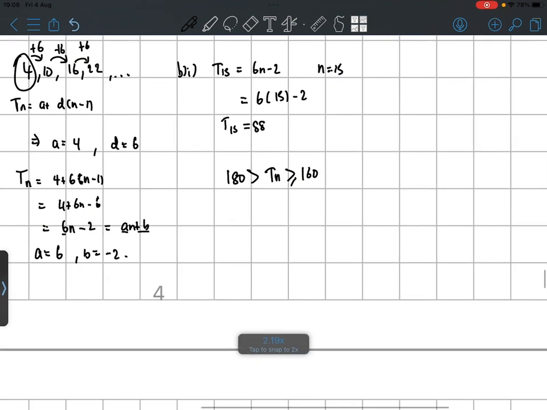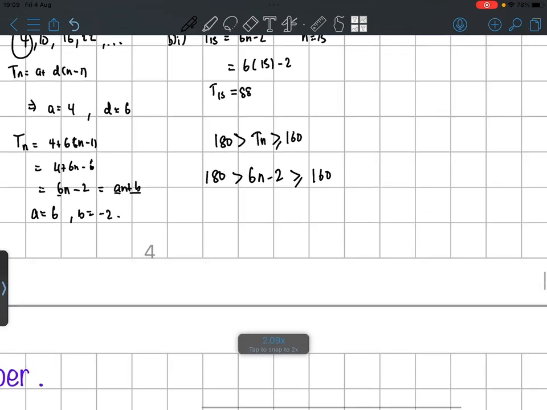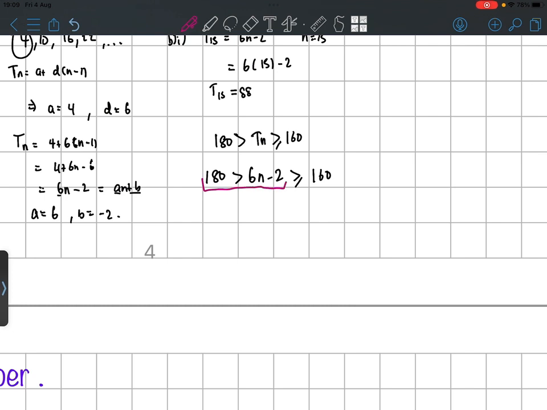So we know that tn is 6n minus 2, greater or equal to 160 but less than 180. So we solve this simultaneously. So this is actually 180 greater than 6n minus 2, and 6n minus 2 greater or equal to 160.